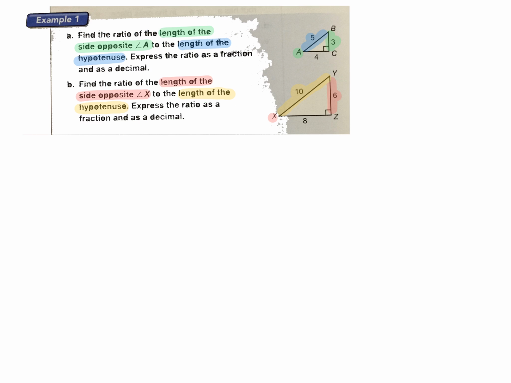So now let's start finding some ratios of side lengths. Example 1 says find the ratio of the lengths of the side opposite of A, so here's A, the side is opposite that, to the length of the hypotenuse, that's this side up here. So for A, I would do that green side divided by the blue side. So this is 3 divided by 5.